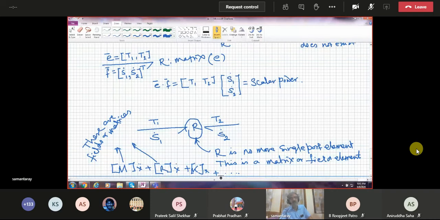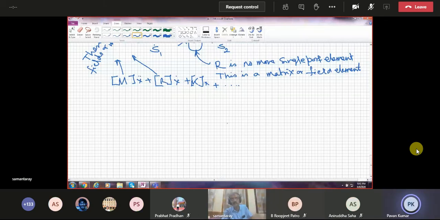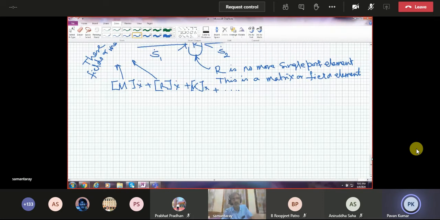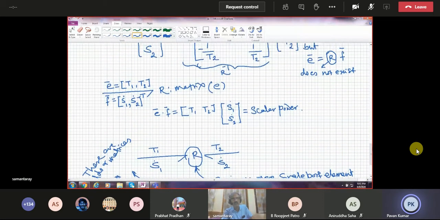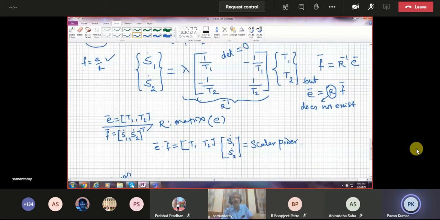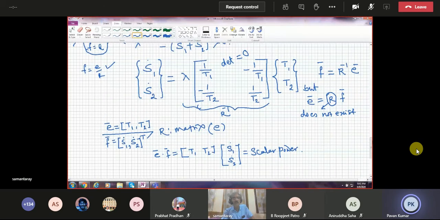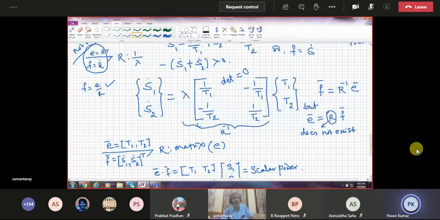Hello, sir. Yes. Sir, there where you have written scalar power, that is coming out to be zero, right? E bar dot F bar. No, that's why that will be zero. That will be T1 S1 dot plus T2 S2 dot. That is Q dot minus Q dot 0. Sorry. Yeah, the matrix multiplication E bar dot F bar equal to matrix T1 T2 into S1 dot S2 dot.